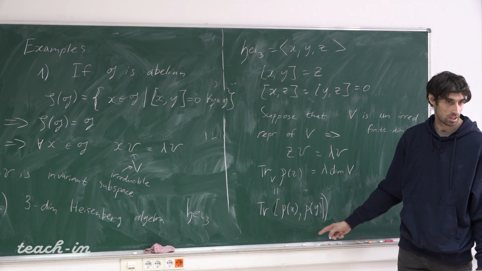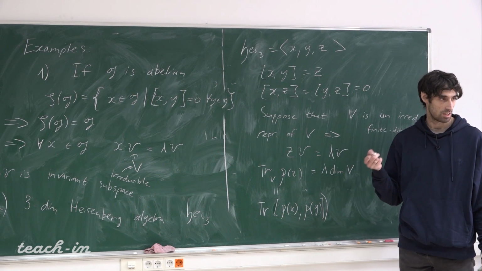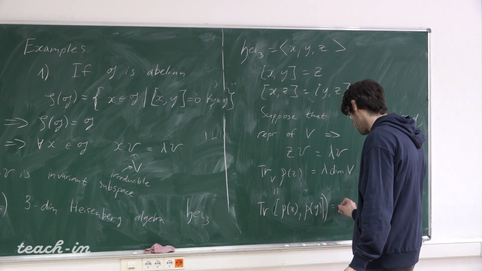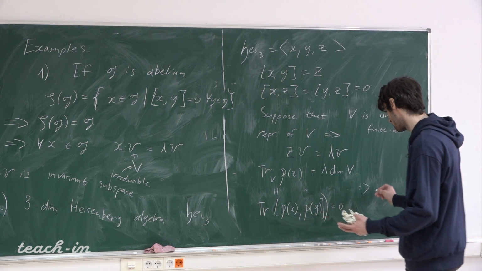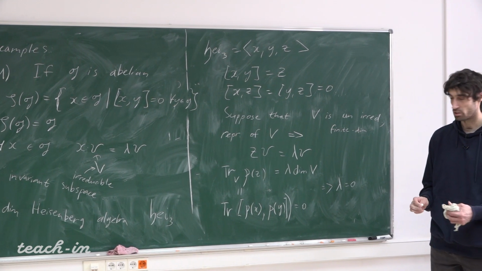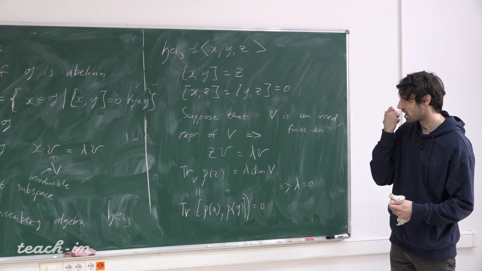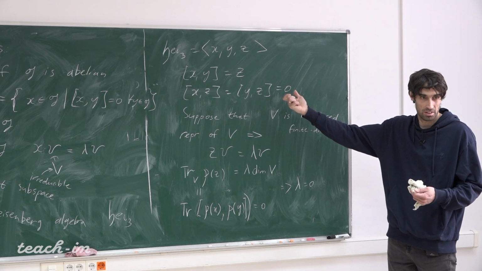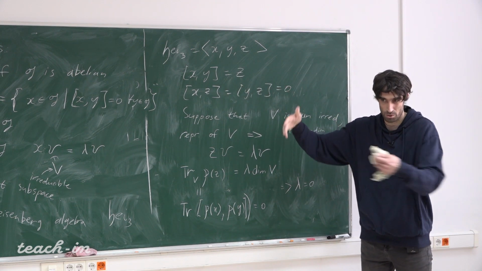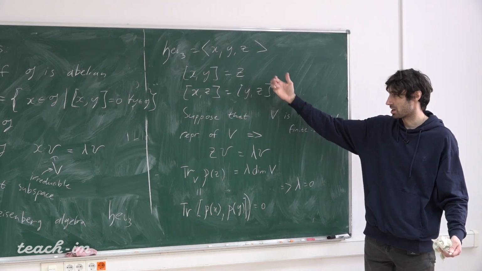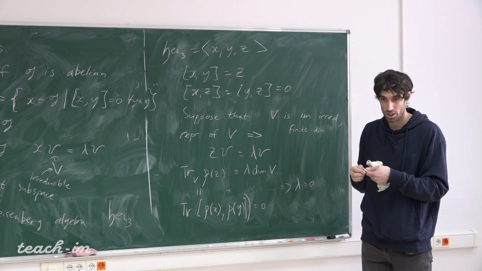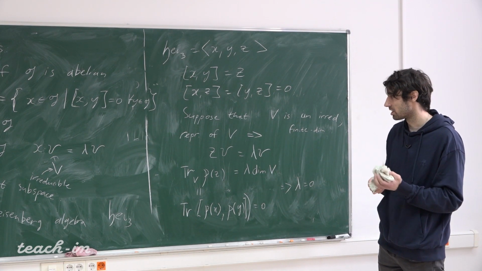But the trace of a commutator is 0, because trace is cyclic with respect to products. So this is 0, therefore in a finite dimensional representation, lambda is 0. So in a finite dimensional representation, this acts as an abelian algebra. This thing acts as a zero element, so the center just goes to 0. So the image under the representation homomorphism is just an abelian thing.